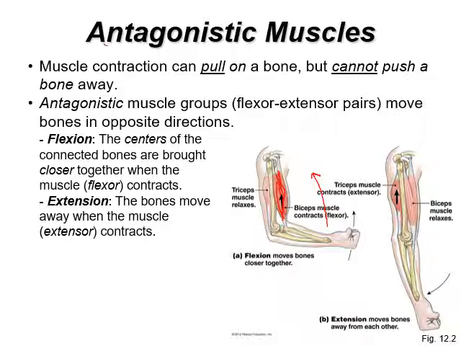We need an antagonistic muscle, and that would be the triceps. This is the posterior portion of the arm, and it's going to pull this way. So that's how we get the different movements: we have to have antagonistic muscles, because the muscles can only pull. There is no pushing force in the muscle.